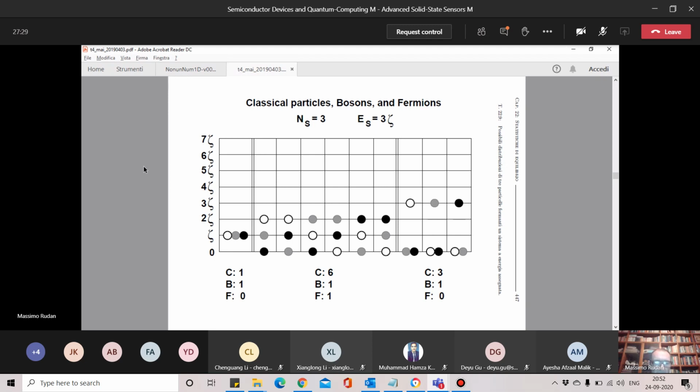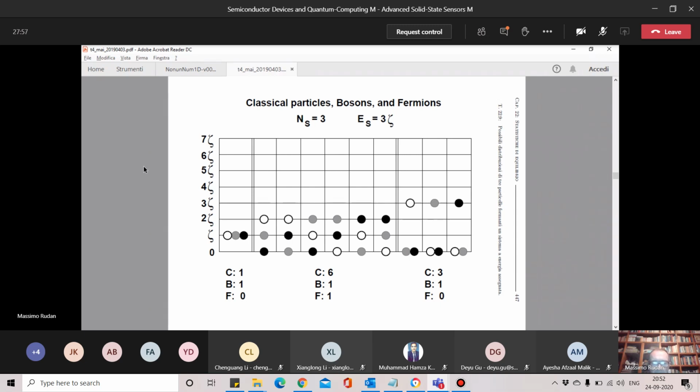If you look at columns 2 and 3 from the left, you see that you can place the white ball on top, and then you have two possibilities for the black and the gray. Or you may place the gray particle on top, and you have other two possibilities.